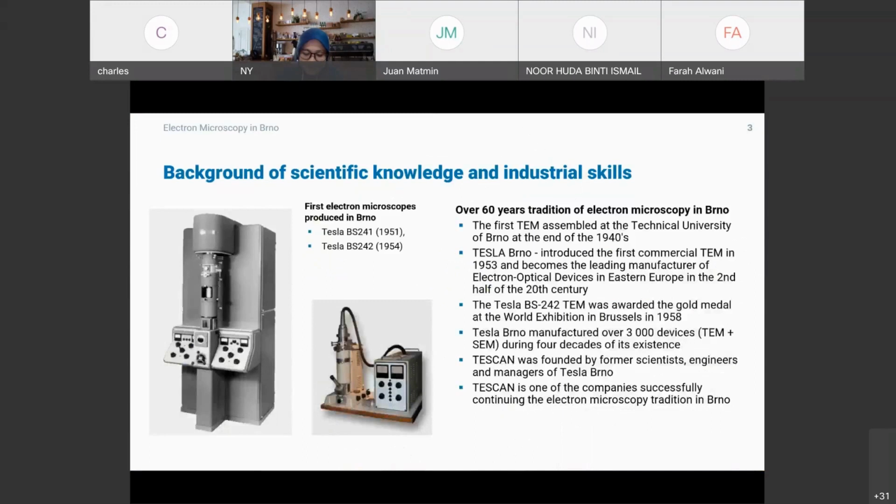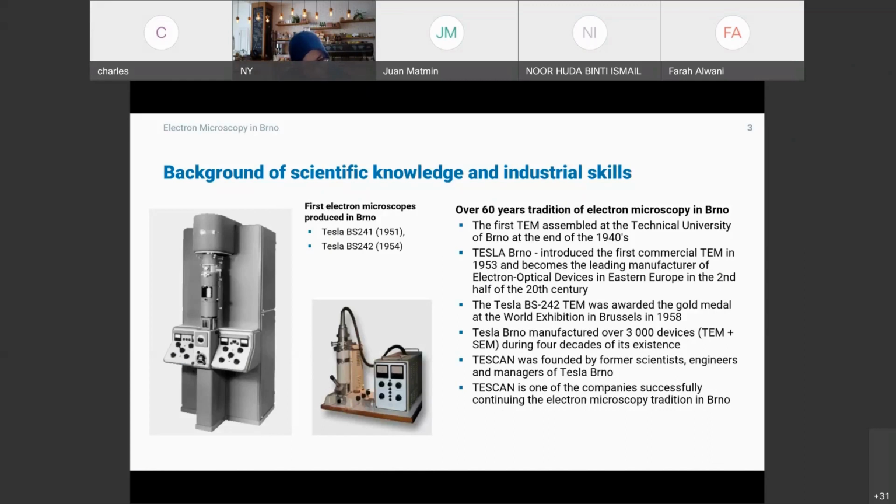Today we'll be looking into some of the history, and I'll also be talking about the different types of SEM. Looking at this page, page number 3, you'll see two pictures. These are pictures of the very first commercialized TEM back in 1951 by Tesla. These are now antiques no longer in use, but those were the days they commercialized the TEM in Brno.